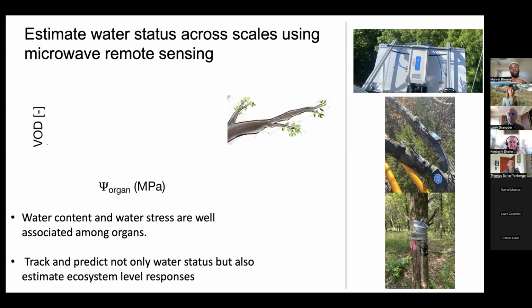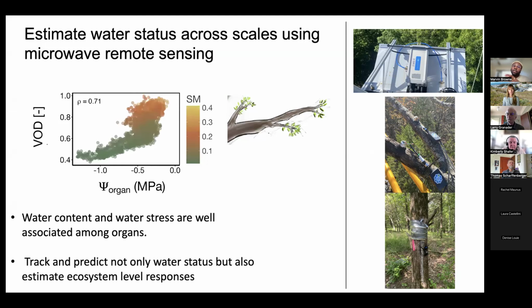If you look at just the branches, we're able to show a very strong relationship between the two of them, which is great. What's also cool is that you can see the response of SM, which is soil moisture, in this relationship, where as the soil begins to dry down even further, the plants are showing drier content on the x-axis here, and also having lower water content on the y-axis.